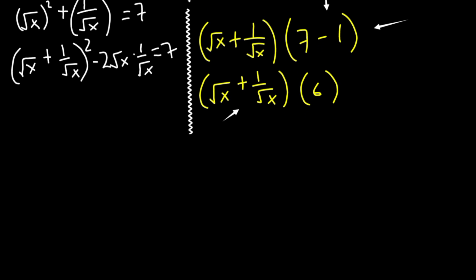So then when we simplify this, root x cancels root x, so we have square root of x plus 1 over square root of x all squared, then minus 2 equals 7.